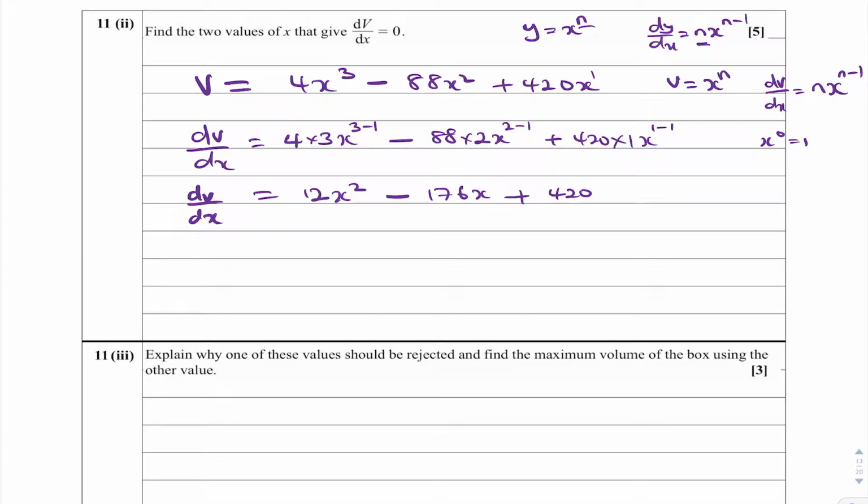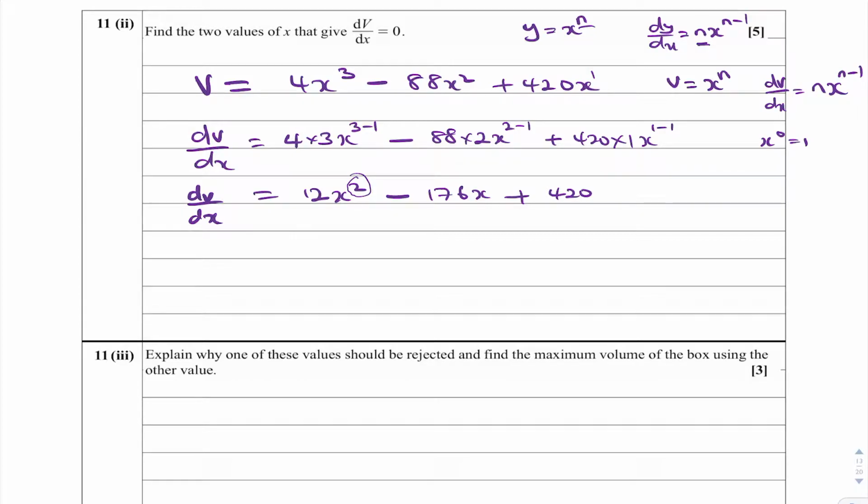So what we now need to do, because we're told to find the two values, is solve it. Why has it got two values? Because the degree of the polynomial is 2, so it will have two solutions. If the degree of polynomial is 3, it will have 3 values.